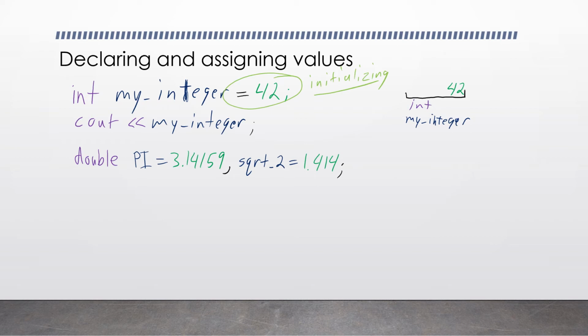Note that this only works if all of the variables that you're declaring on this line are the same type. So you couldn't declare a double and then an int and then a character. You have to declare a whole series of doubles.